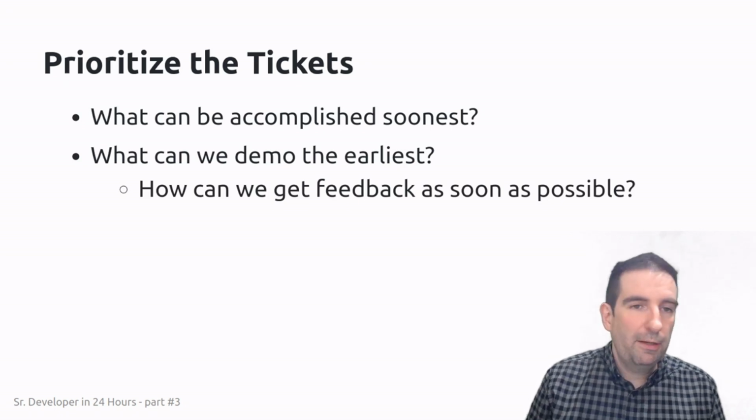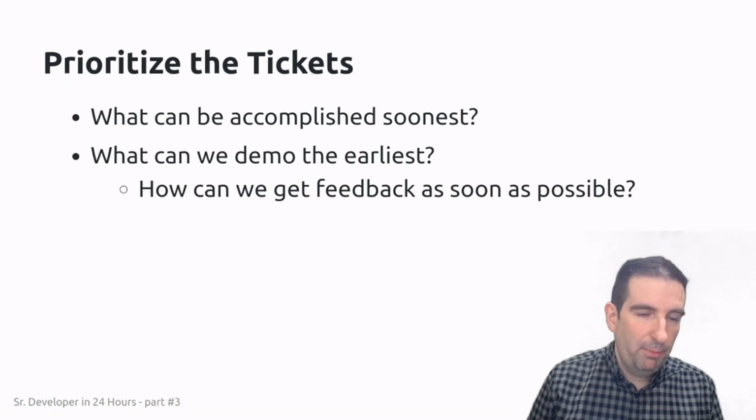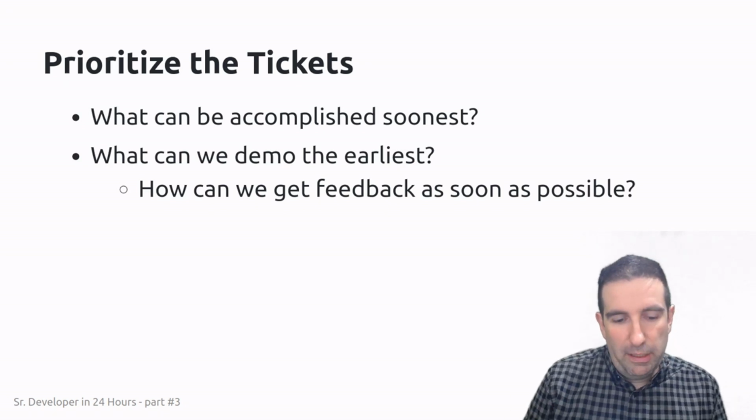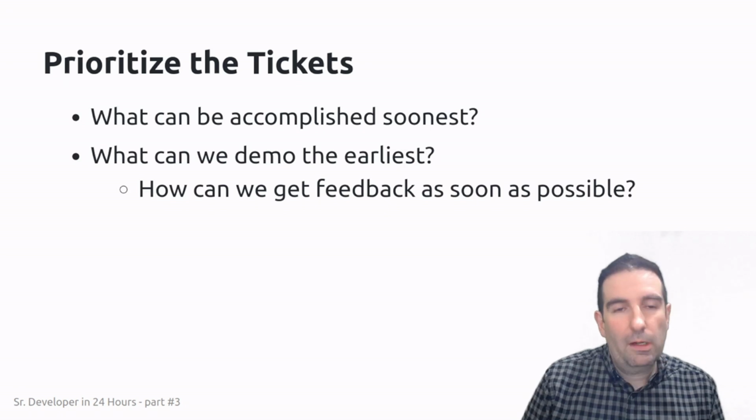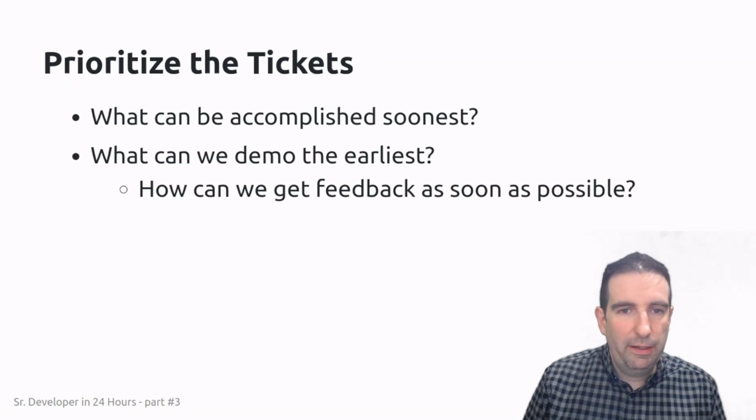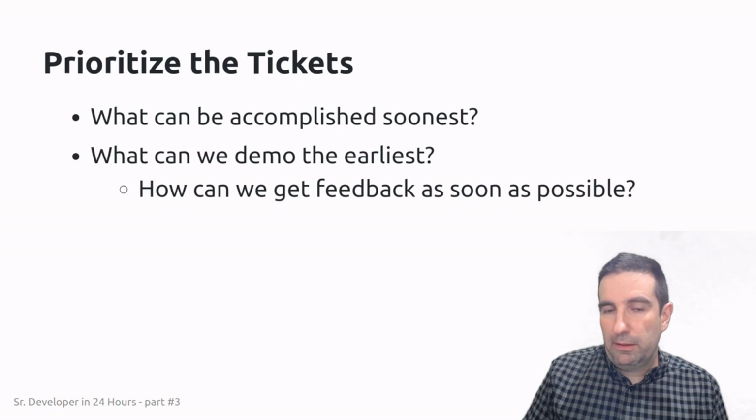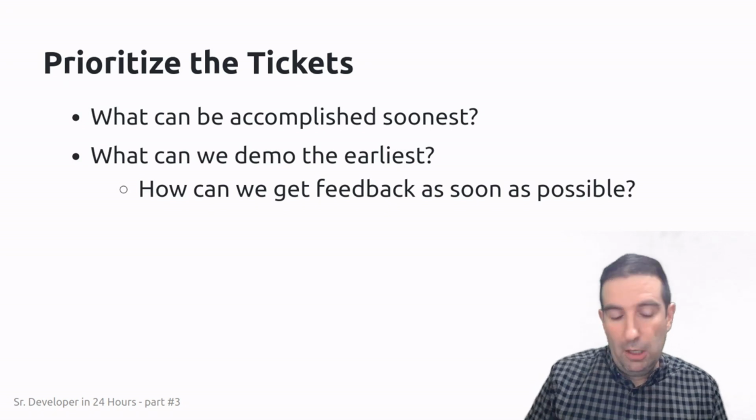We always want to get feedback as soon as possible, because if we have to make changes, making those changes early on is a lot cheaper, a lot easier, a lot faster than if we wait a long time.